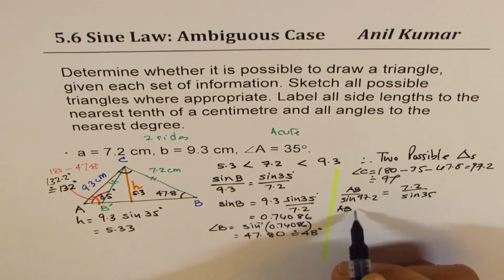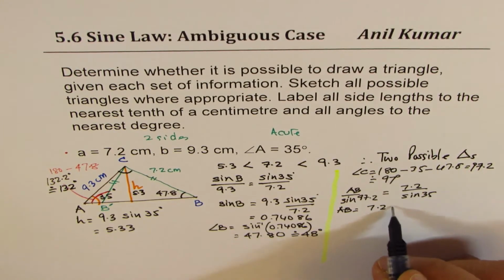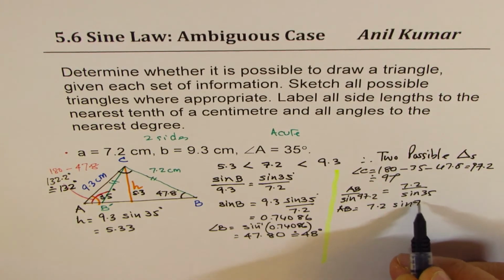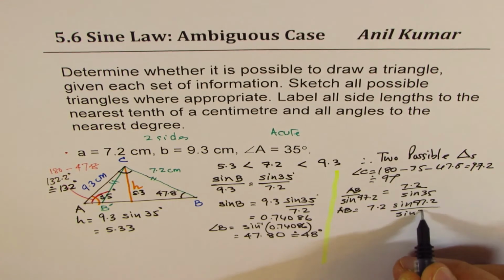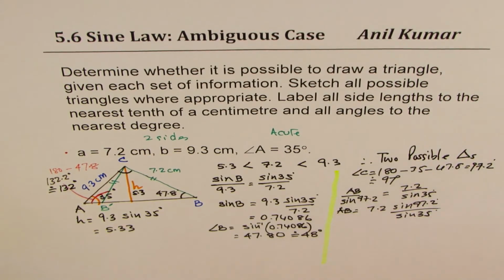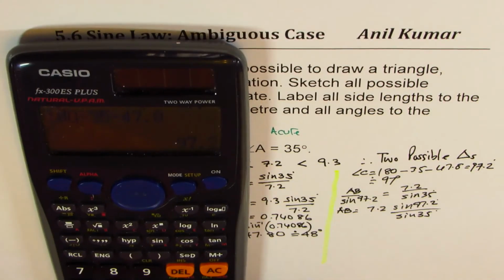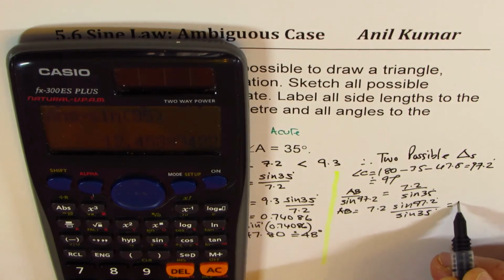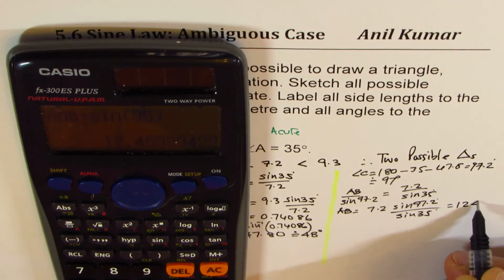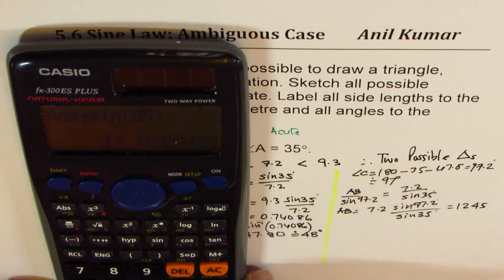So we have AB equals 7.2 times sine 97.2 divided by sine 35, all in degrees, right? So we can just put this in degree mode. So we'll do 7.2 times sine of 97.2 divided by sine of 35 degrees, which gives us 12.45, right? So I'll round this to 12.5.